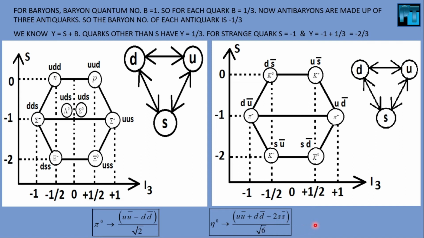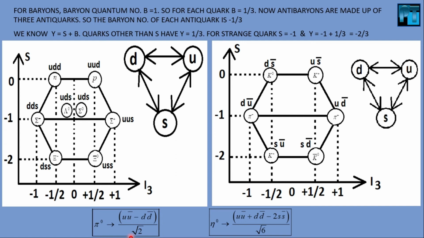So you have to cram only 4 quark contents: the proton, u u d, the K plus, u s bar, the eta naught and pi naught. And from this data you can derive all the quark contents of all the particles. Isn't it interesting?